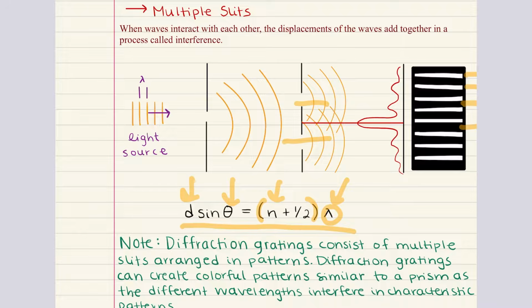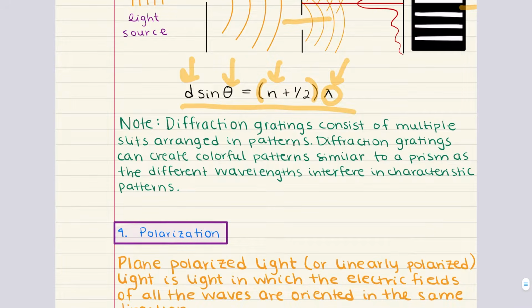Now, building on our understanding of diffraction and interference, we should talk about diffraction gratings. Diffraction gratings take this concept further by using multiple slits arranged in a regular pattern. When light passes through these diffraction gratings, each wavelength or color of light interferes with itself and other wavelengths in a distinct way, and it creates colorful patterns.